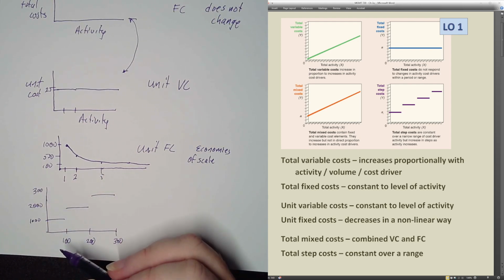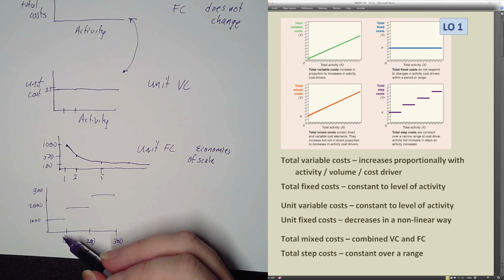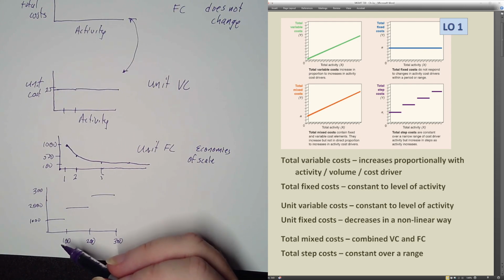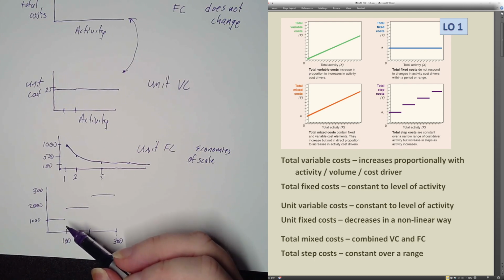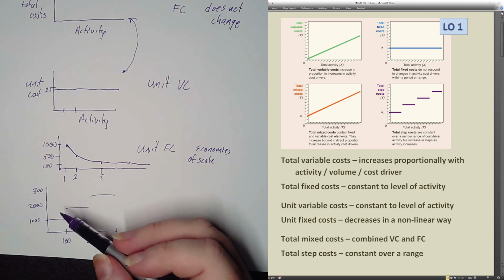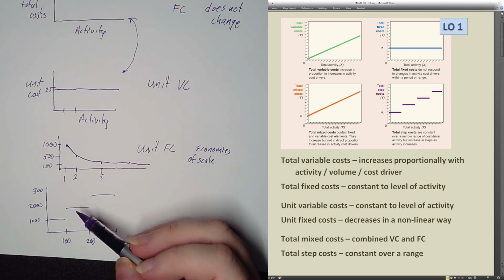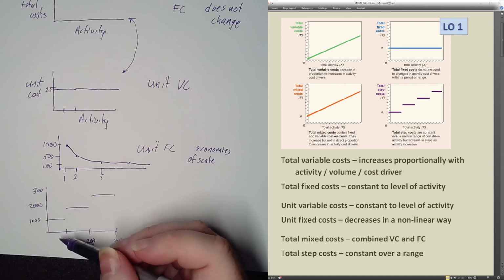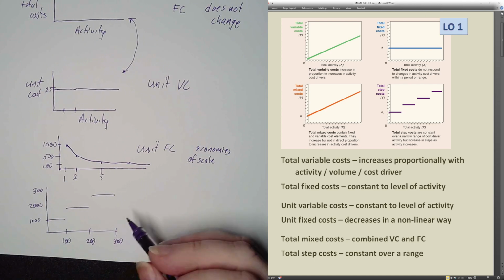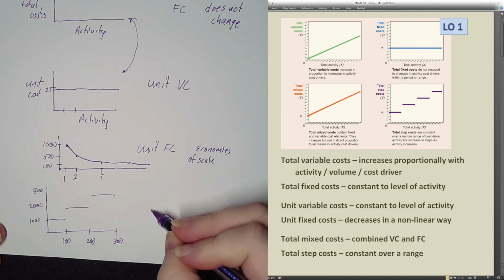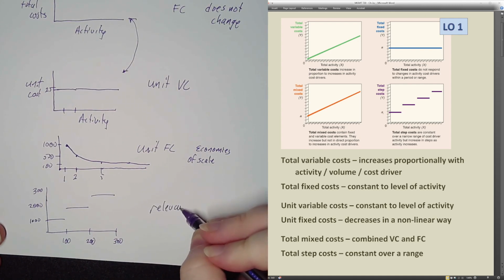Let's say that the max amount of bikes that we can produce in this little spot in a month, just because of size and space constraints, is 100 bikes. Once we get over 100 bikes, if we take an order for something over 100 bikes, we need to expand. Maybe we need to use the space next door, and that's another $1,000. So just remember, some of these costs are step costs, in that there's a range, and we're going to investigate the idea of relevant range in just a moment.